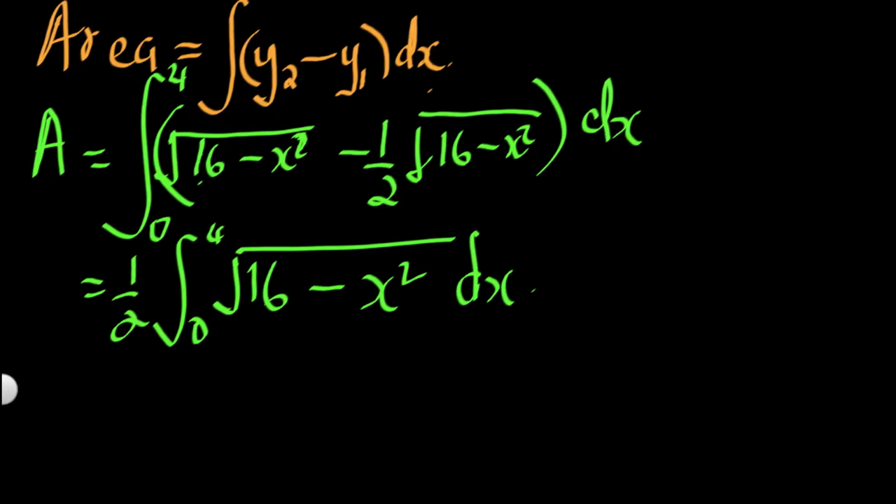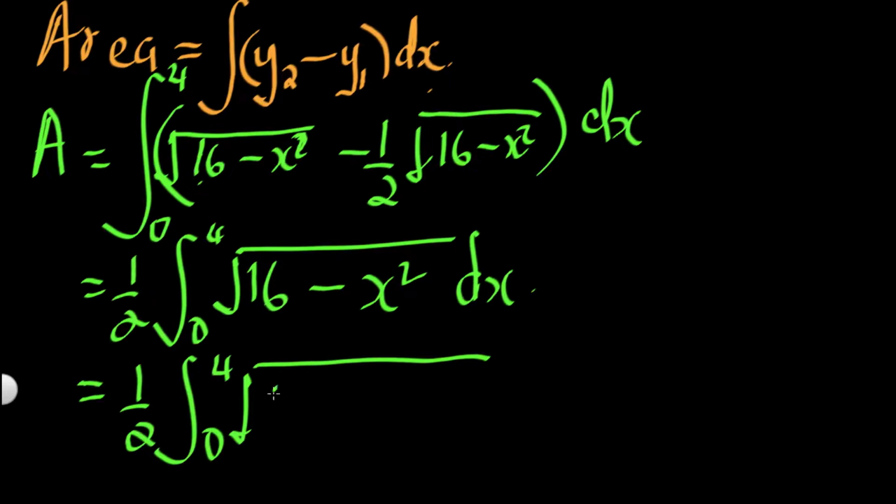Now I want to use a certain formula from the formula sheet, but I can use it only if I modify my integral. I'll modify my integral to be half integration from 0 to 4 of the root of 4 squared minus x squared dx.